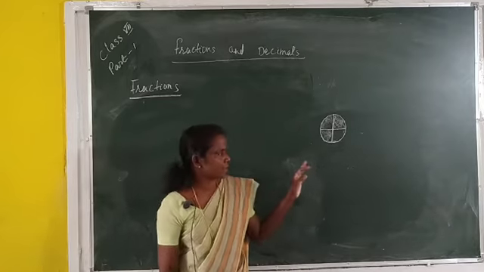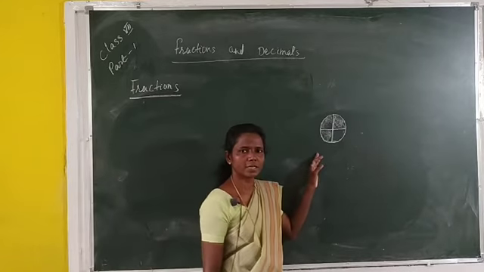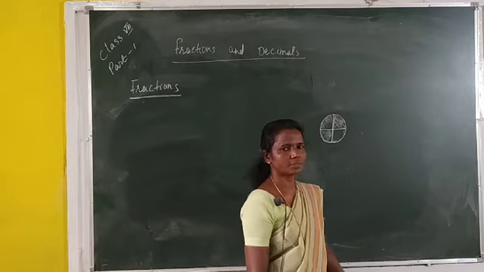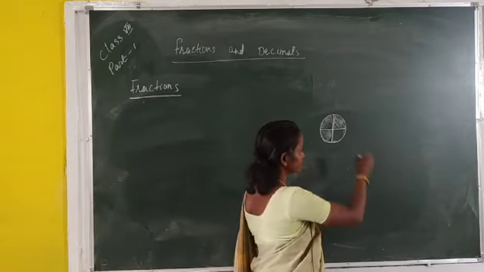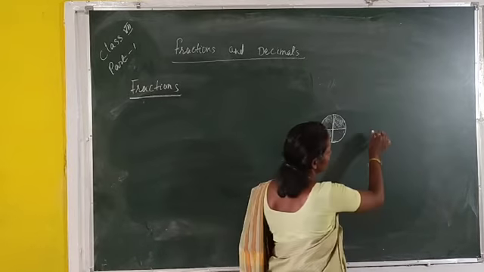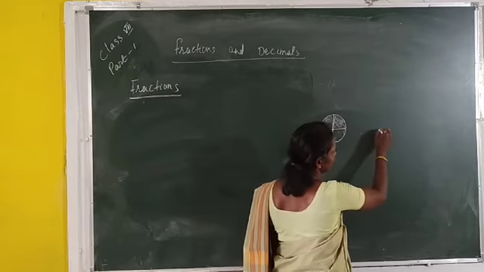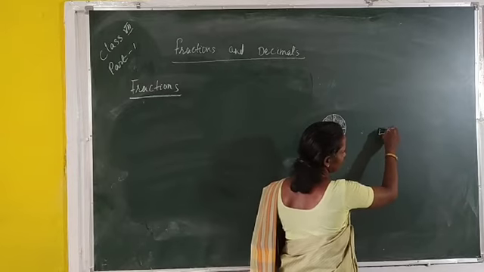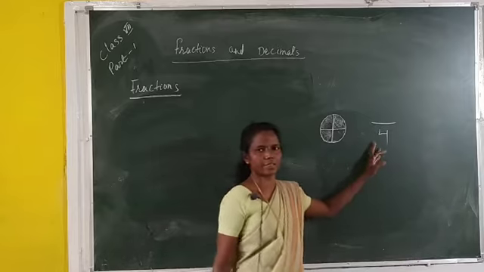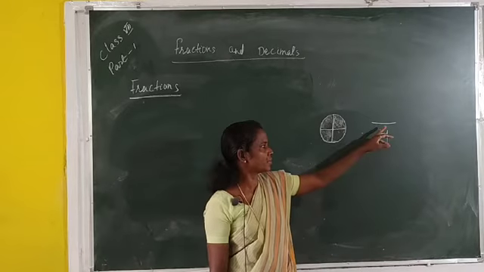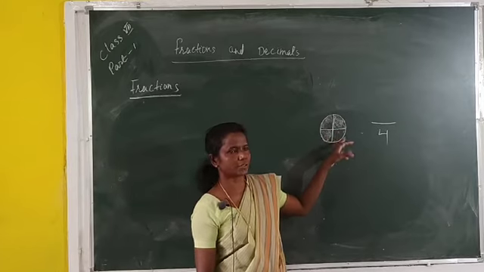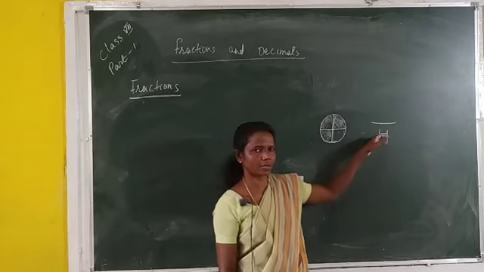Can you write the fraction of this shaded portion? How to write it? First, the total number of parts is 4. This line is the dividing line. Below the dividing line I write the total portions, 4.